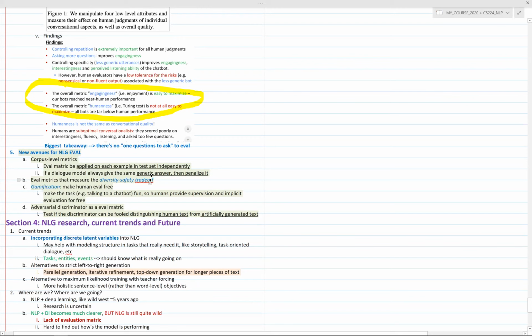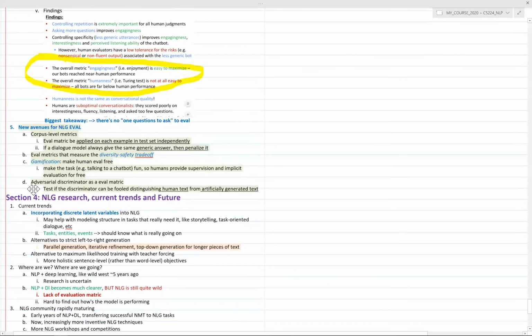And there is also an interesting one called gamification, because sometimes we could make human evaluation free by making this task a game. So for example, talking to a chatbot. So humans would provide supervision and implicit evaluation for free, and people are having fun just making the system a game.